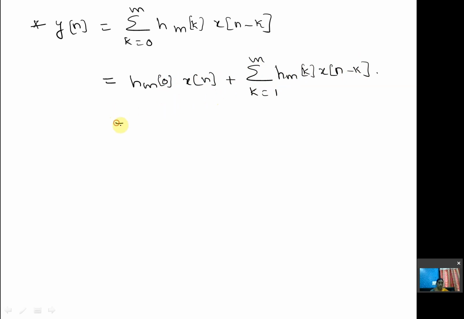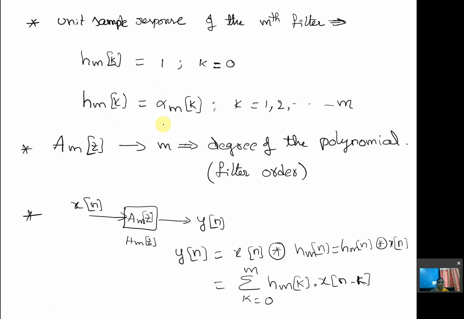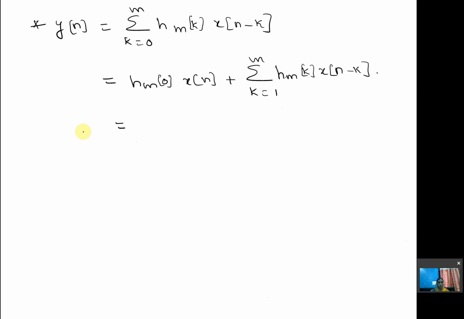Okay, so here what is hm of 0? Already you have taken. hm of k at k=0 is 1, and for the values other than 0, it is equal to alpha m of k. I am substituting this here. So here we know that hm of 0 is 1 plus summation k=1 to m, hm of k is alpha m of k, x of n minus k.